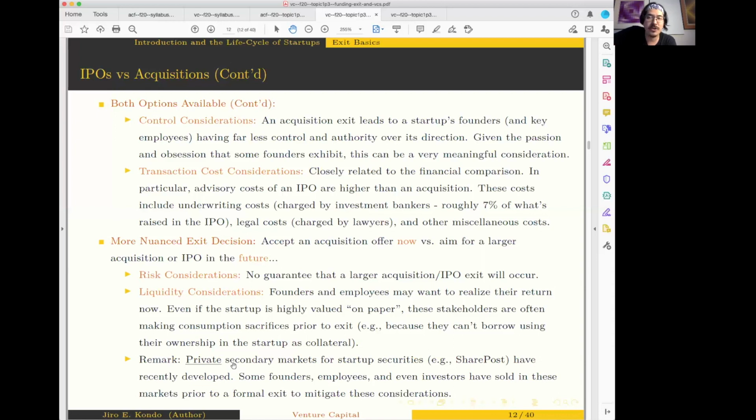A company comes to you and says, we want to acquire you. Nothing you can do about IPO because you're not IPO ready. And so then you start to have to decide, do I want to say yes to the acquisition now? Or do I want to say no and take a chance, hopefully getting an IPO exit later?